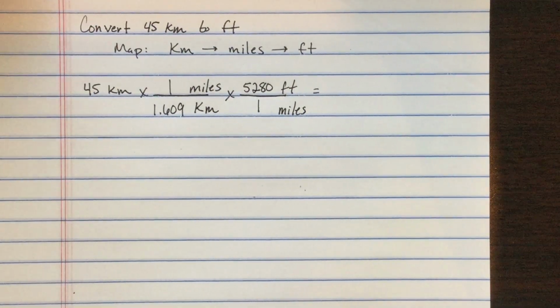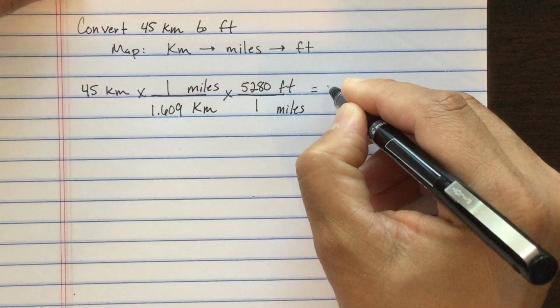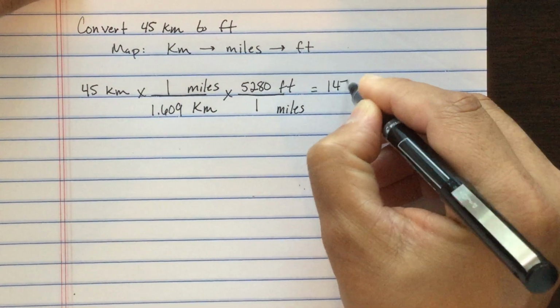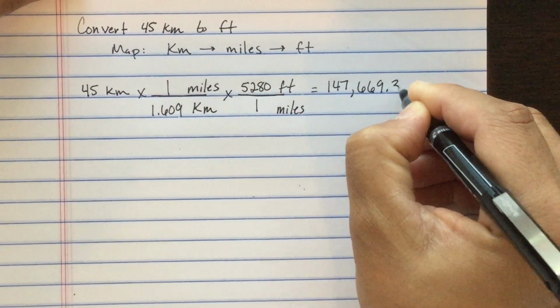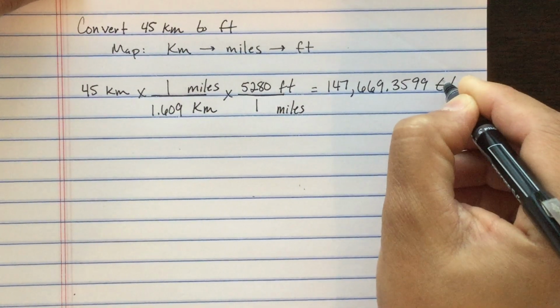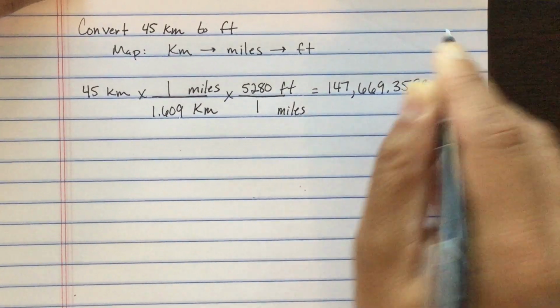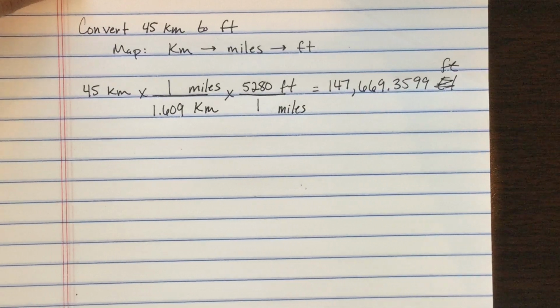Okay, so when we plug this into the calculator, we get an answer, 147,669.3599 feet. And so this is the answer the calculator gives us, but this is not the correct answer.